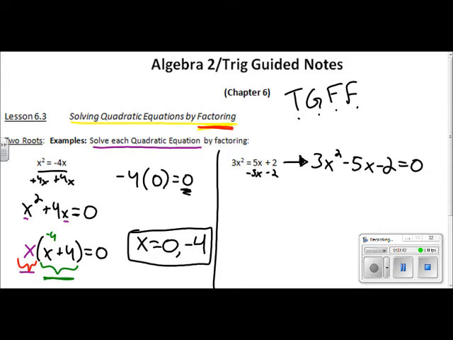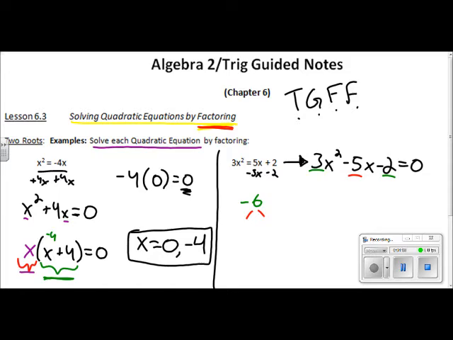Now once we have it in this form, we're going to need to use another method of factoring. Before, we called it the AC method, and it was a little bit longer. I'm going to show you a simplified version of the AC method. It starts out the same, where we take a and c, 3 times negative 2, and we get negative 6. And we're looking for the factors of negative 6 that will add to negative 5.